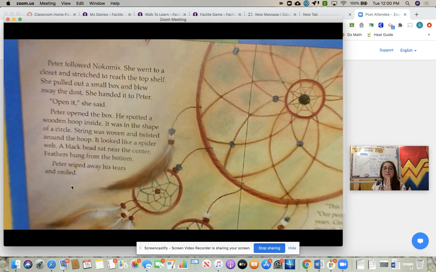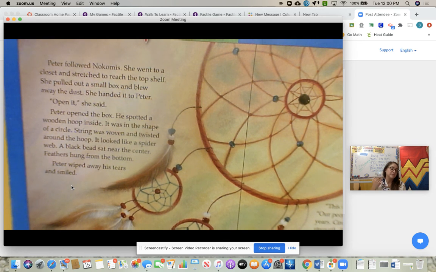I need something to show my classroom for a presentation. And grandma's just, come on, let me help you. Because that's what grandparents love to do. And she helped him. She said, here is a custom. Here is a tradition that we do. Here's a belief. And it's a dream catcher. And so he's relieved. He's smiling.